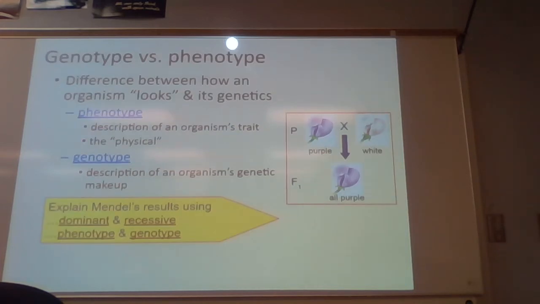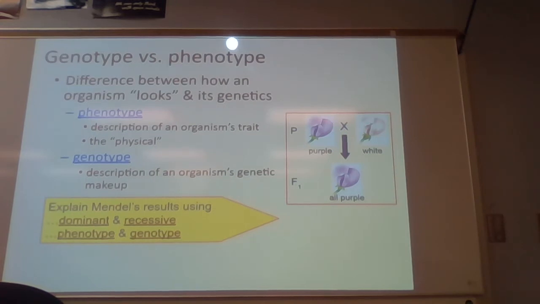So, vocab. Genotype, first phenotype. This is the difference between how an organism looks and which alleles it has. So in our flower color, for example, phenotype was either purple or white. So it's a physical trait, a description of an organism's trait.